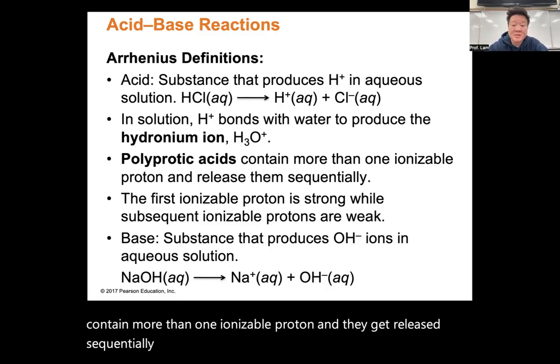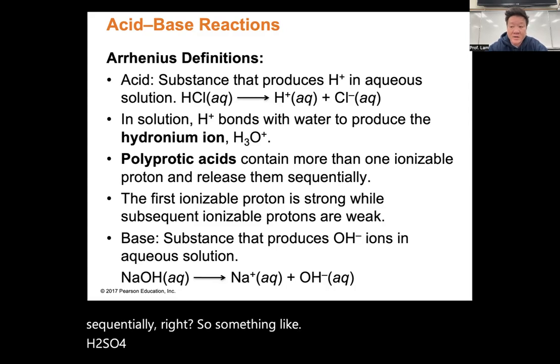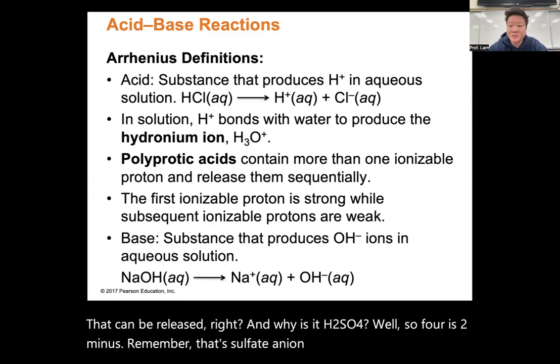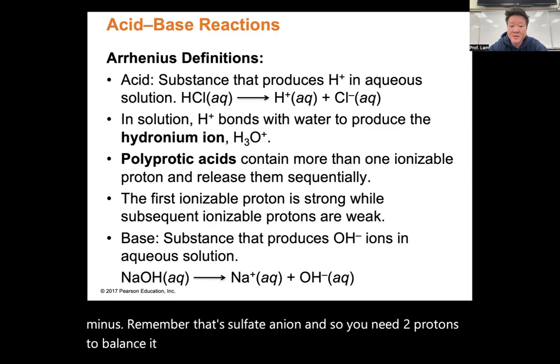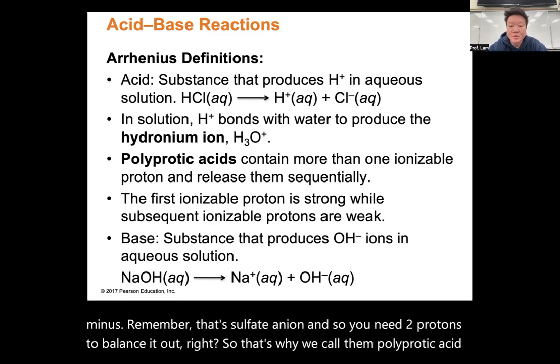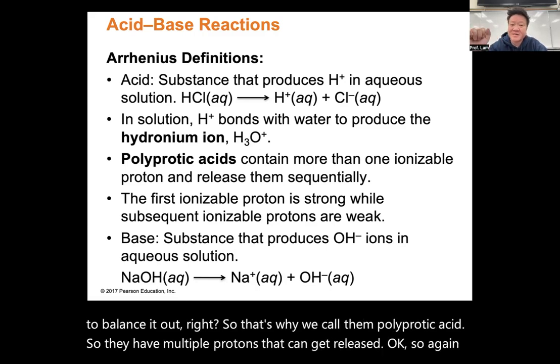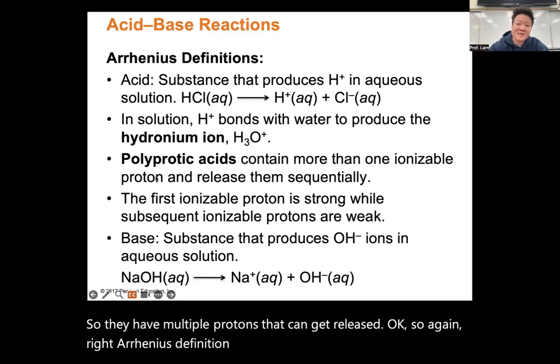So something like H2SO4 has two protons that can be released. And why is it H2SO4? Well, SO4 is 2 minus. Remember, that's the sulfate anion, and so you need two protons to balance it out. That's why we call them polyprotic acids. They have multiple protons that can get released. So again, the Arrhenius definition says an acid is going to produce an H plus in solution.